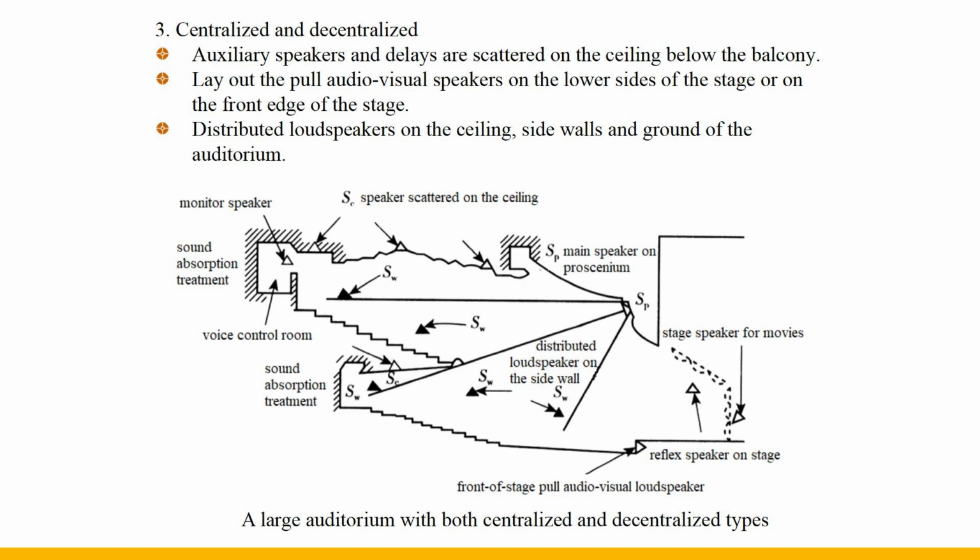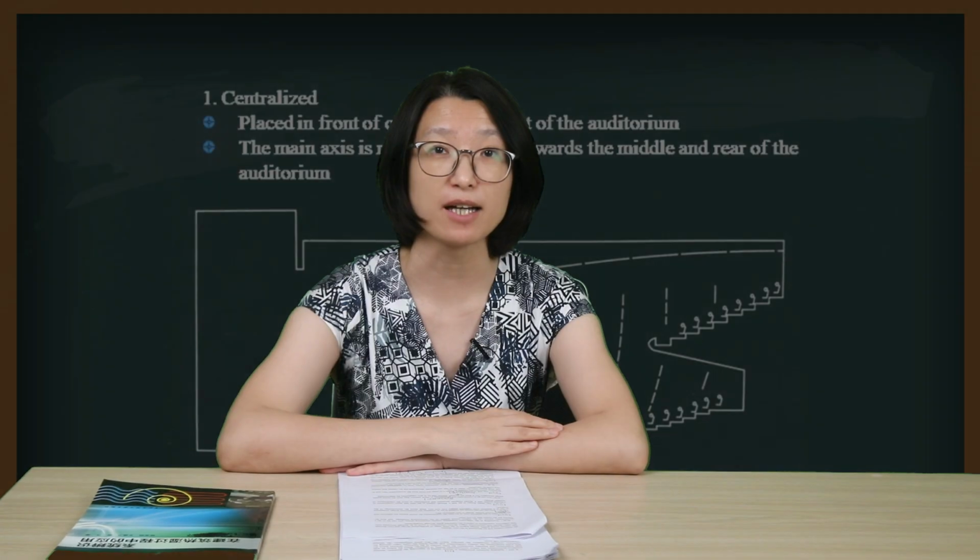So the speakers are arranged on the lower side of the stage or on the front edge of the stage. Loudspeakers are distributed on the ceiling, side walls, and ground of the auditorium to provide the effect sound of the performance, or a reverberator is connected to increase the sense of reverberation.